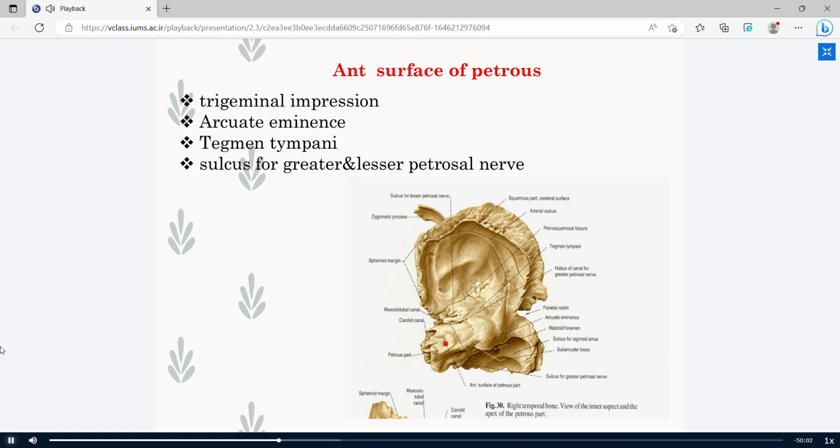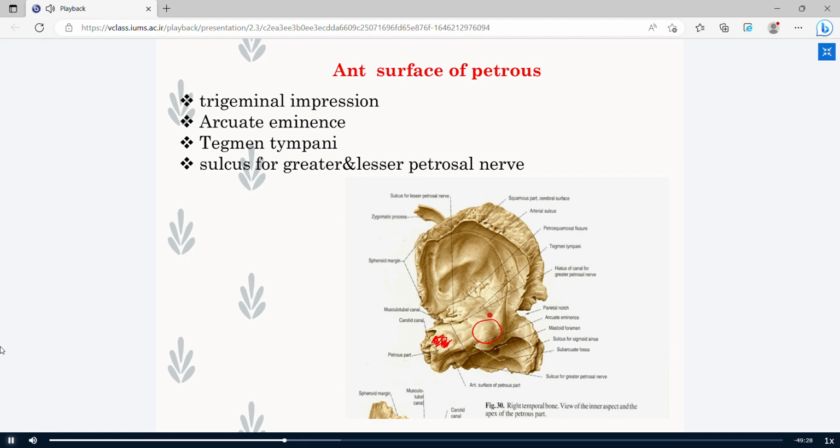The name of this depression area is the trigeminal impression. And after the trigeminal impression, on the anterior surface of the petrous, there is an arcuate eminence. This is the arcuate eminence, and the arcuate eminence is created by the superior semicircular canal in the inner ear.